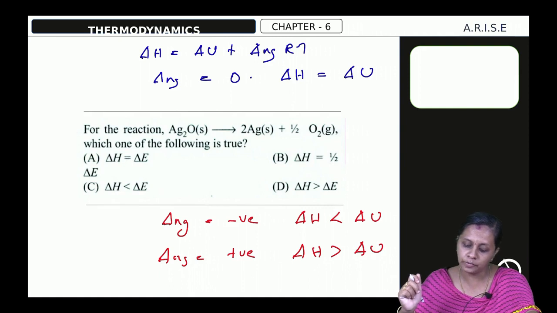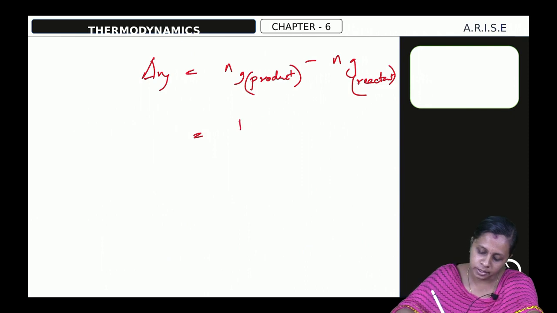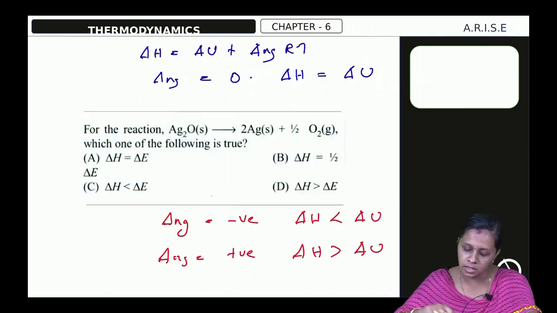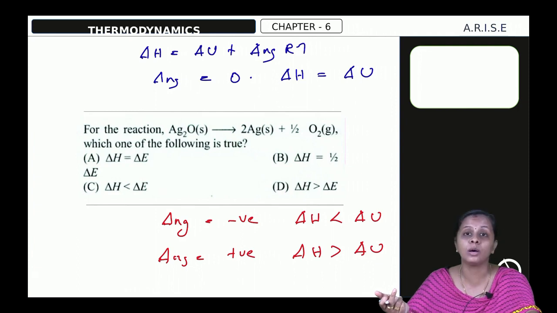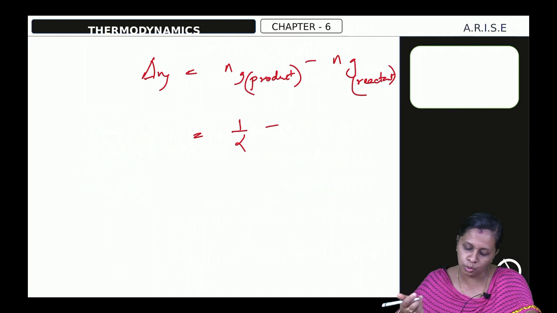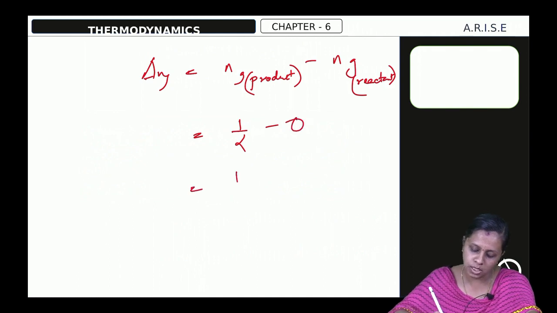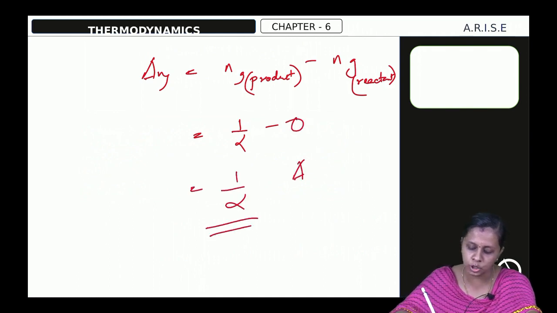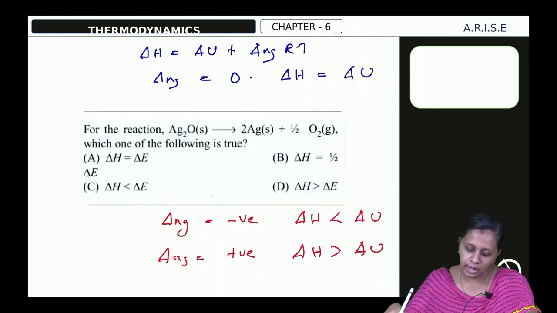How many moles of gaseous product? There is only half mole of oxygen, that is 1/2, minus, is there any number of moles of gaseous reactant? There are no gaseous reactants, so it is 0, so that is half. So what is delta Ng here? Delta Ng is positive.